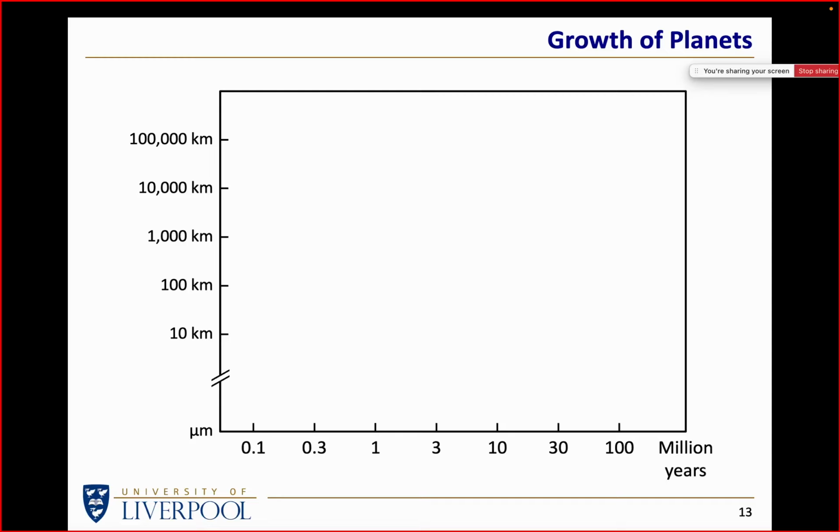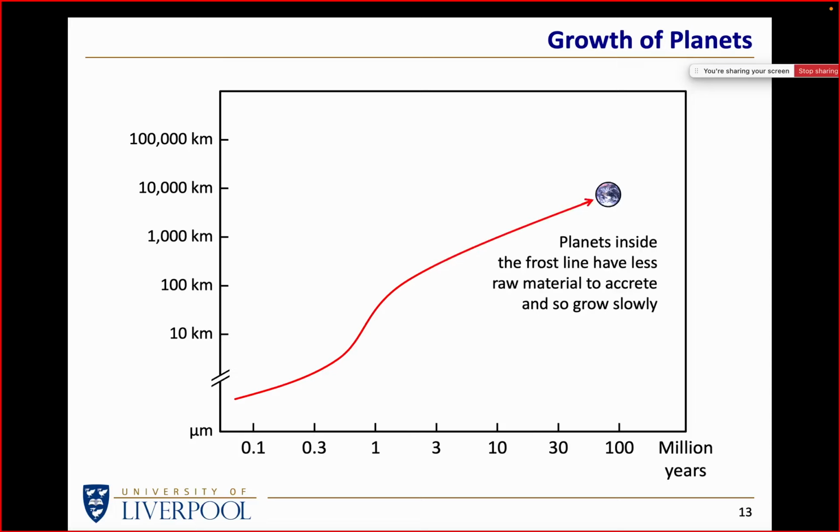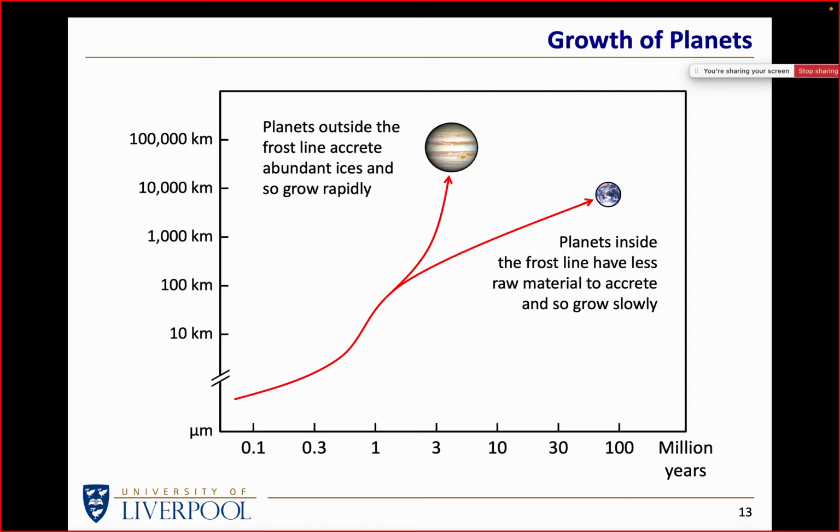So, in other words, if we look at how fast planets grow, size as a function of time, then it might be that an object like the Earth will grow like that. Inside the frost line, it's got relatively little material to accrete, and therefore it grows rather slowly. But any object beyond the frost line is able to pick up a lot of ices, and that will grow much more rapidly.